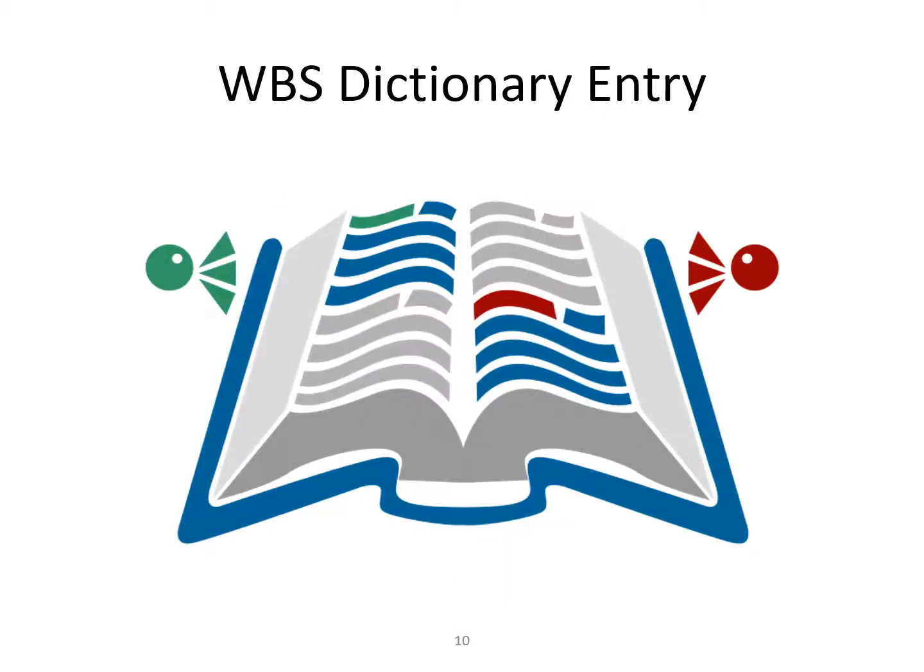A WBS dictionary is a document that describes each WBS task in detail. It describes what is in each WBS element, and it may also say what is not in the element, if that is unclear. The format can vary based on project needs.